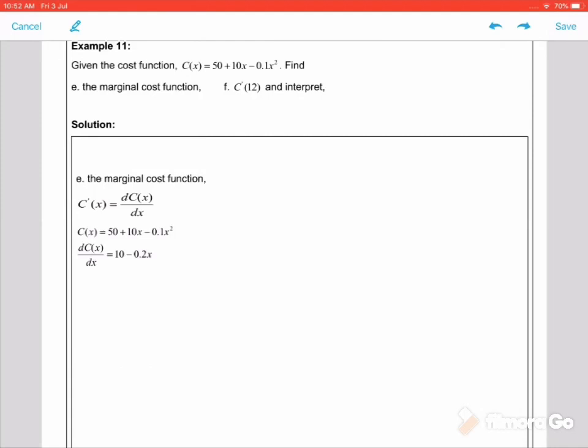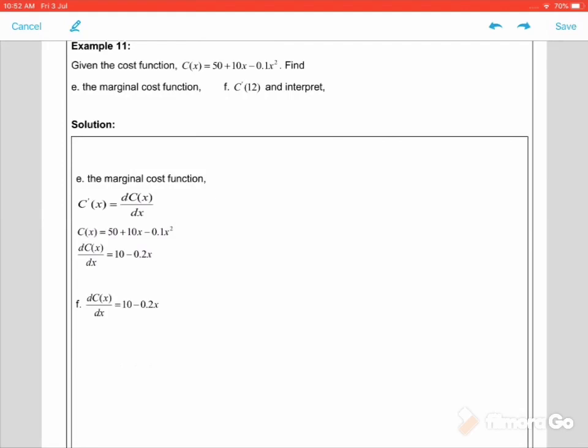For part F, the question asks us to find C prime(12) and interpret. Before this, we already got the marginal cost function, 10 - 0.2x.